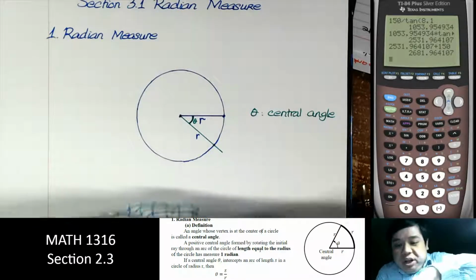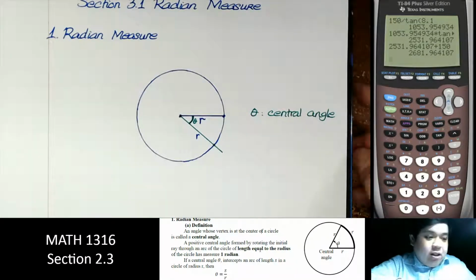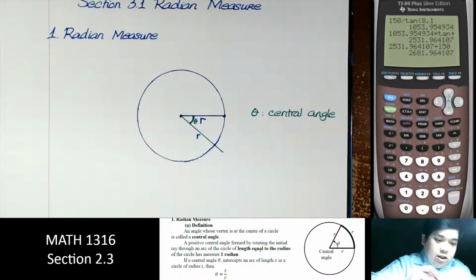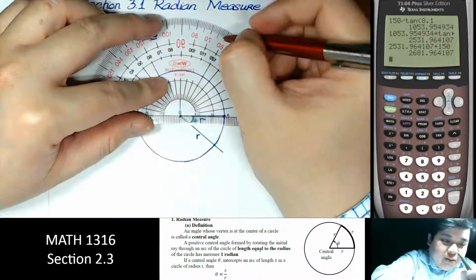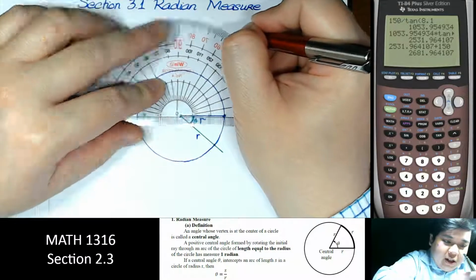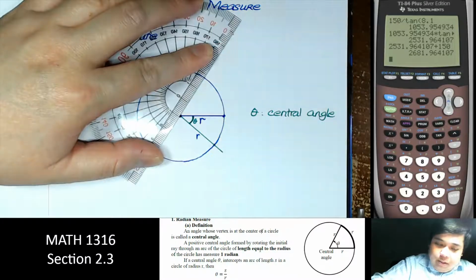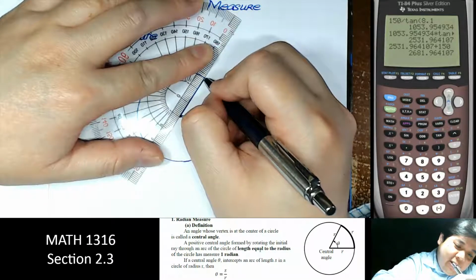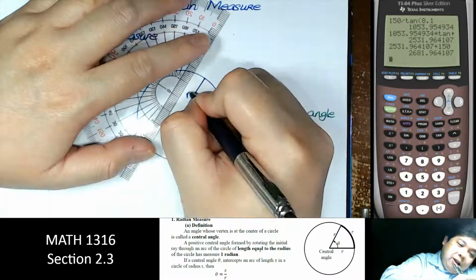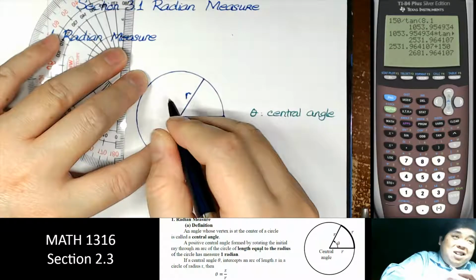Now, the way we define 1 radian is this. It's not going to be easy, but it's about here. So we have the radius, plenty of the radius.